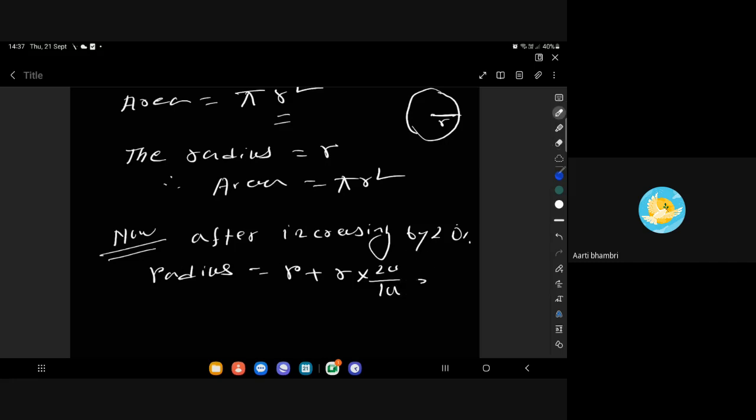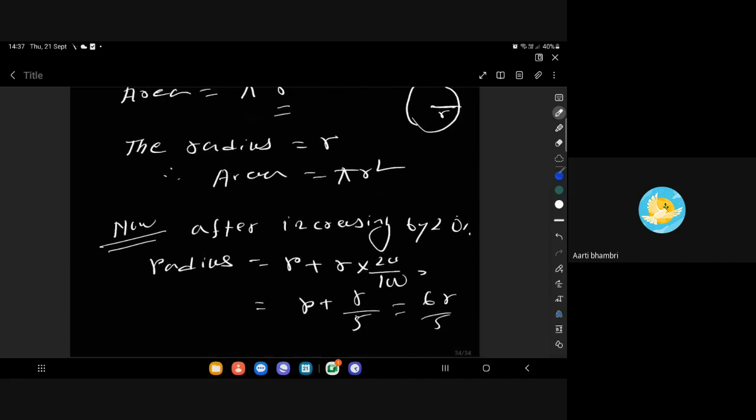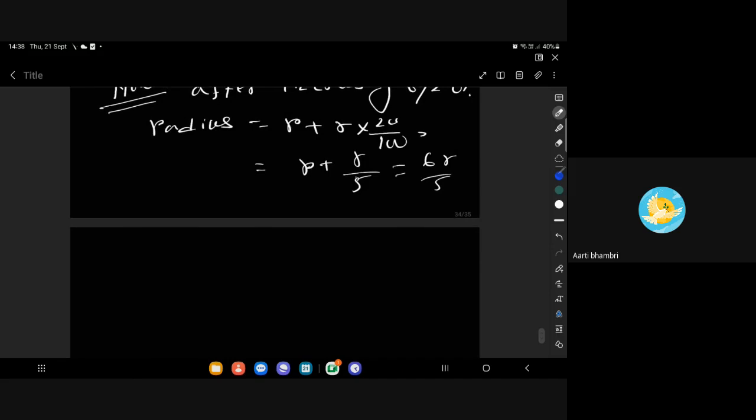So it will give 120 R by 100, which is 6 R by 5, or 1.2 R basically.